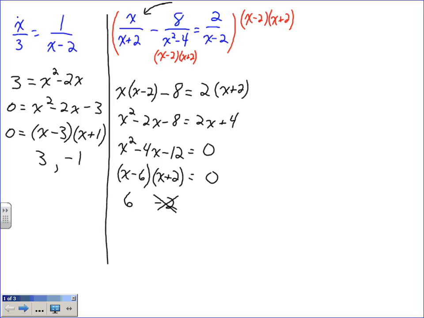Extraneous solution. It's a solution that we get, but a solution that we can't use. So the only one that works here is 6. So it's real important, once you get your answers, to check and make sure it's not a restriction. Any questions?